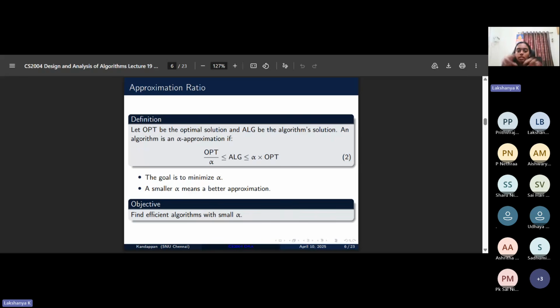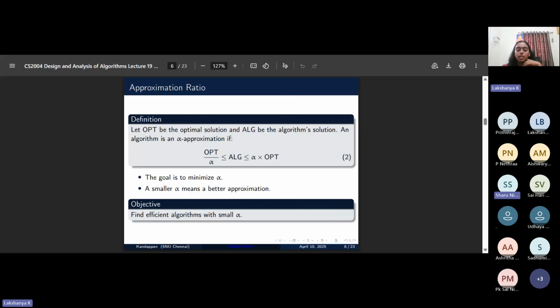In the traveling salesman problem, it is the minimum cost of the TSP path you choose. Whatever numeric value is obtained in the optimal solution is defined as OPT, and ALG is the numeric value obtained by my approximate solution. In knapsack, this is the profit obtained; in TSP, this is the cost. So if you have a number alpha such that OPT divided by alpha is less than or equal to ALG, which is less than or equal to OPT times alpha, then you say your algorithm is an alpha approximation.